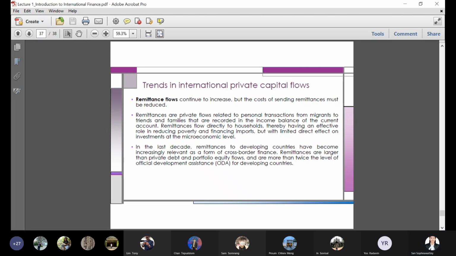Because technologies have made the payment system cheaper. So the cost of sending remittance is now reducing.